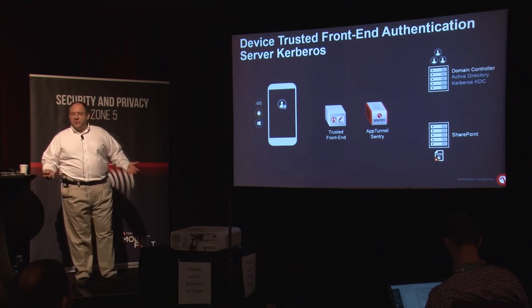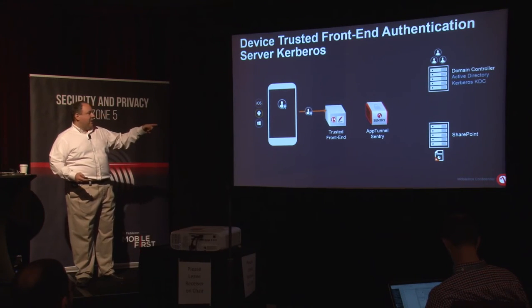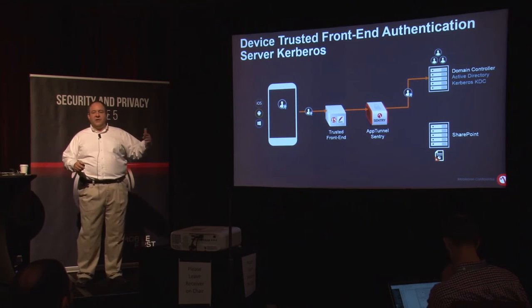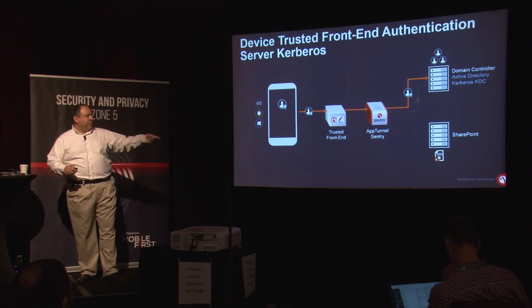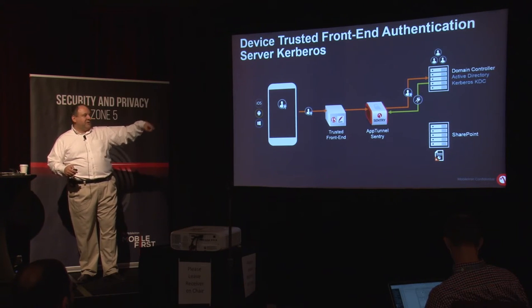What if you introduce Kerberos? Things get a little bit more interesting. Same authentication with the TFE, same pass-through, those guys know one another. Sentry then goes to Kerberos, the KCD, and says, all right, we got a user cert, I need a ticket. It's supposed to say to SharePoint, fine, we got a resource. SharePoint says, fine, here's the ticket.